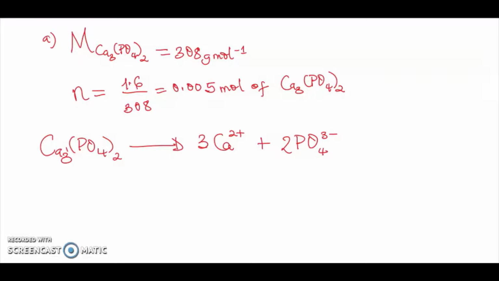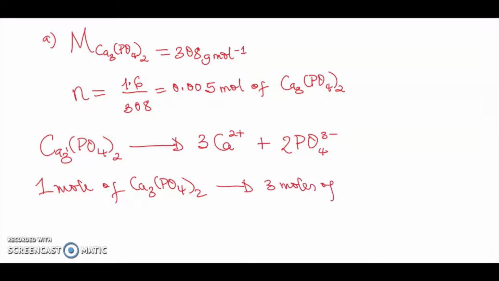So the mole ratio of calcium phosphate to calcium ion is 1:3. So we can therefore see that 1 mole of calcium phosphate contains 3 moles of calcium ions.